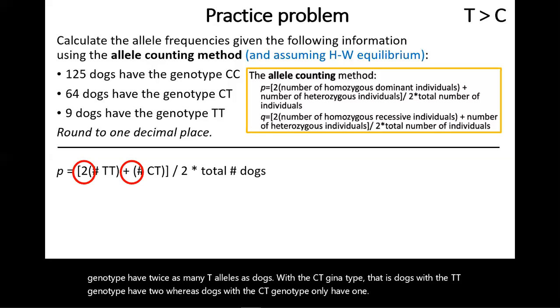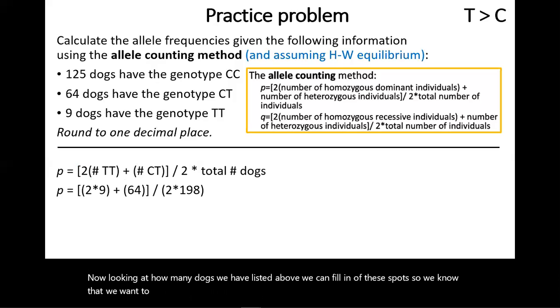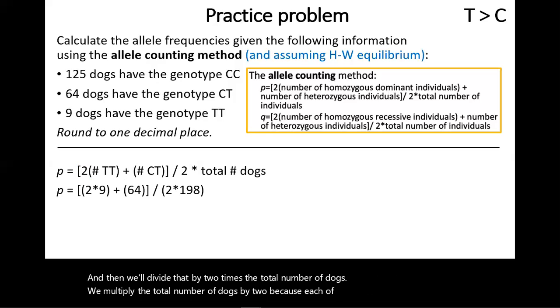Now, looking at how many dogs we have listed above, we can fill in each of these spots. So we know that we want to do 2 times 9 plus 64. And then we'll divide that by 2 times the total number of dogs. We multiply the total number of dogs by 2 because each of them has 2 alleles.